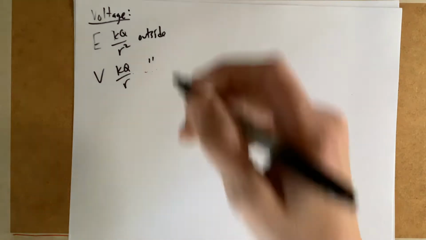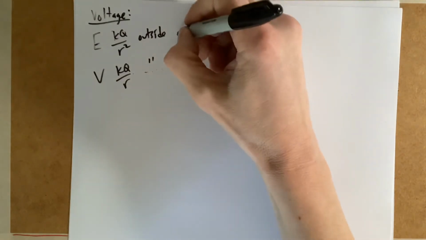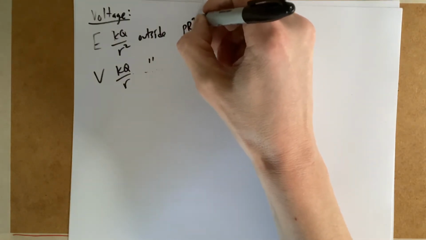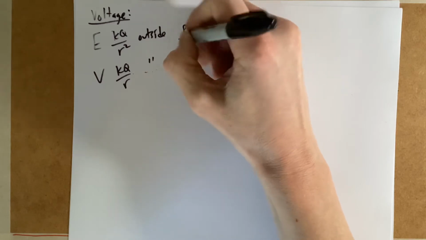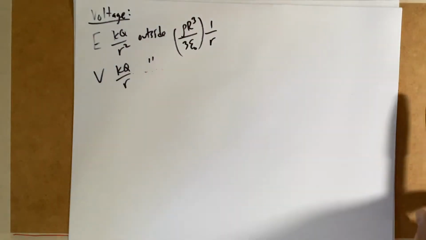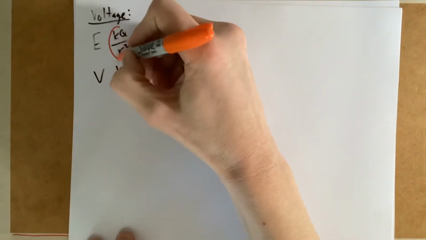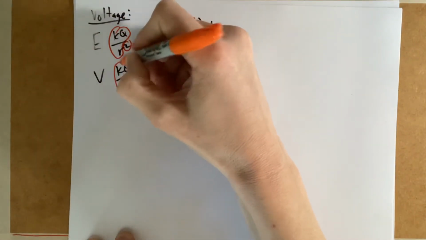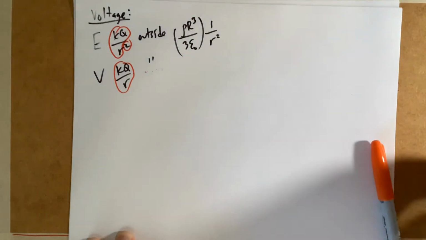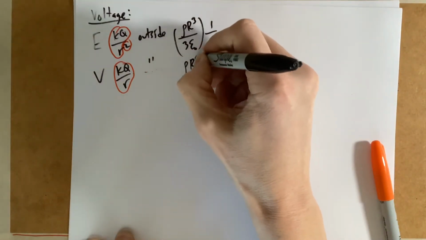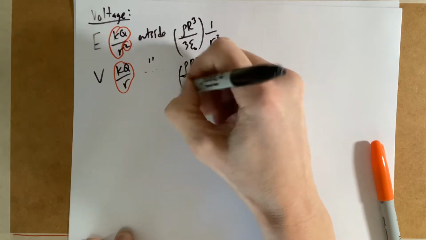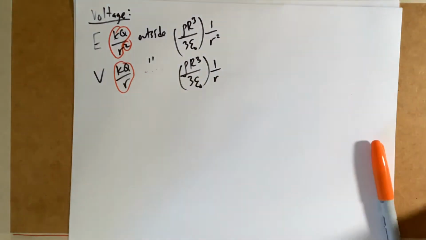Now, I will go ahead and copy my previous result here for the electric field. That will be rho R cubed over 3 epsilon naught, times 1 over r squared. And if the only difference between these two formulas is this square being there versus not being there, we can safely conclude that the voltage is the same deal if it's expressed in terms of rho instead of Q, and in terms of epsilon naught instead of k.